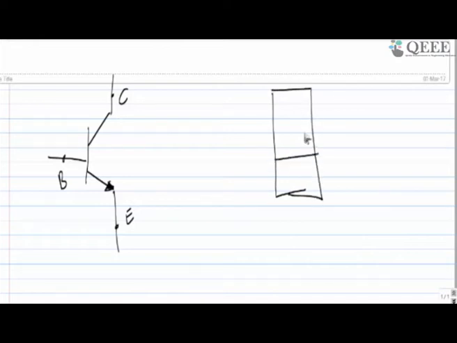Wherever you see this arrow, we call it the emitter, this is the base, and this is the collector. If this is NPN, then it should follow this way. The base is connected to this one, this is connected to the emitter, and this is connected to the collector.